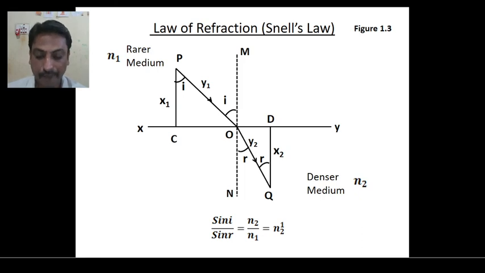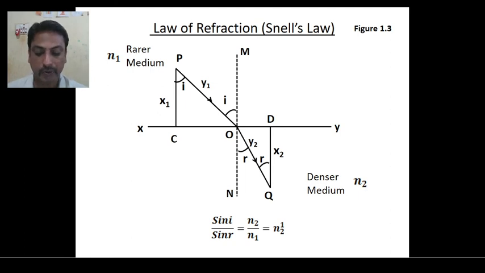Again, in the same way as we did in the previous derivation, the distance CO plus OD is equal to a constant, since the position of O is a constant, where CO can be obtained as x1 tan I and OD can be obtained as x2 tan R. Now I will substitute CO and OD in the above equation.